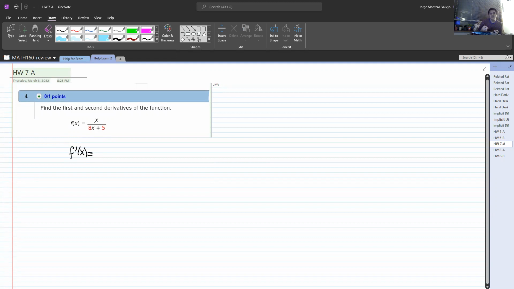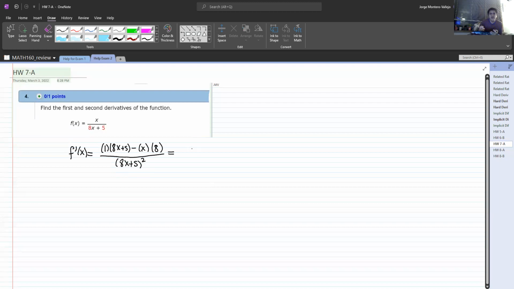X divided by 8x plus 5, that's a quotient. So yeah, let's just go ahead and do that. So the derivative of the first one, that's 1, times second one without, 8x plus 5, minus first one without, that's just x, and then the derivative of the second one, that's 8. And then we divide by the second one squared, right? So 8x plus 5 squared.